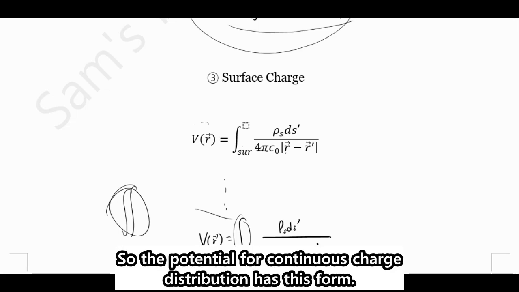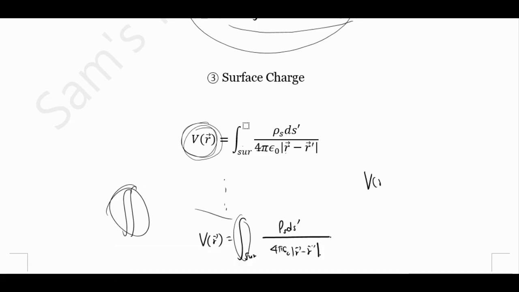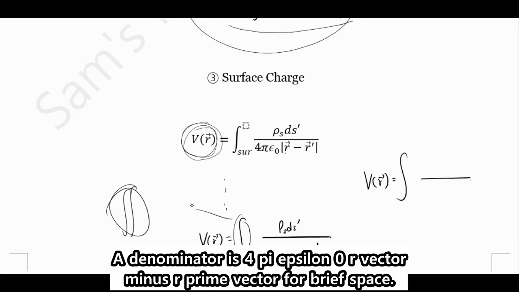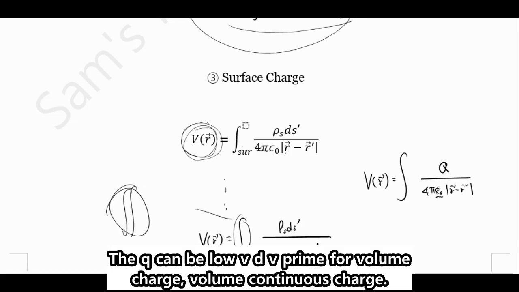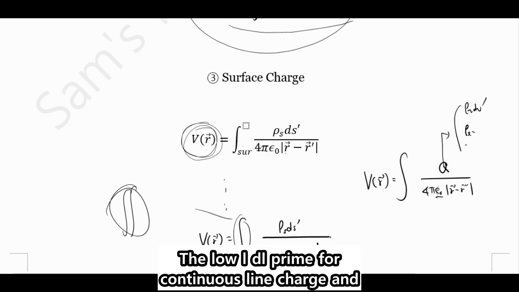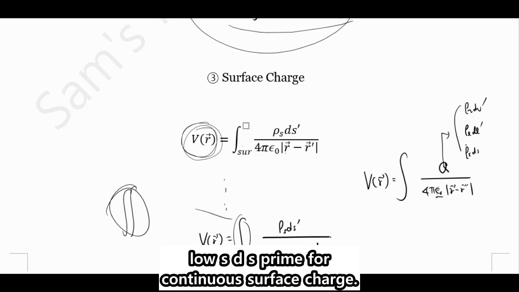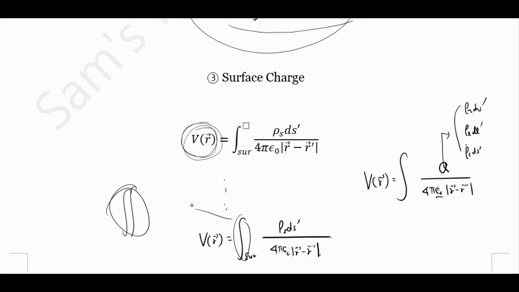So the potential for a continuous charge distribution has this form: an integral whose denominator is 4 pi epsilon 0 magnitude r vector minus r prime vector for free space, where we use epsilon 0. The Q can be rho v dv prime for continuous volume charge, rho l dl prime for continuous line charge, and rho s ds prime for continuous surface charge.